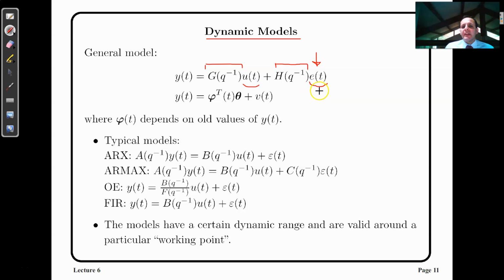U is the deterministic input, E is the stochastic input. It represents the disturbance.